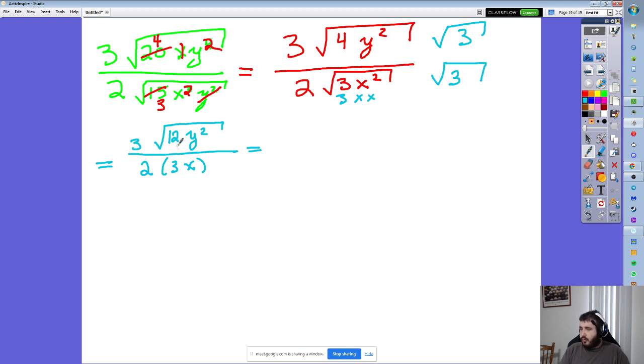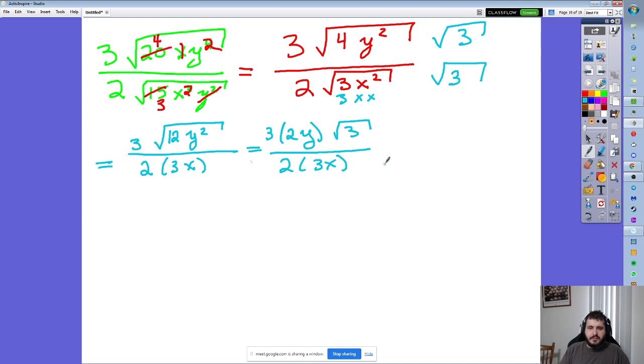That breaks down to 4 and 3. And that y squared, when you divide 2 by 1, you get 1. So look, I'm going to pull out a 2. I'm going to pull out a y. And just the number 3 is going to be left up in here. And then the 2 and the 3x on bottom.